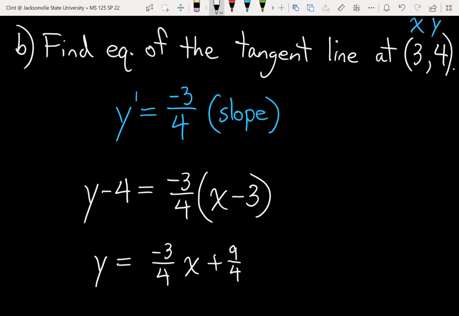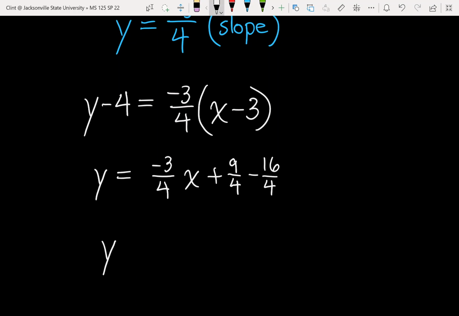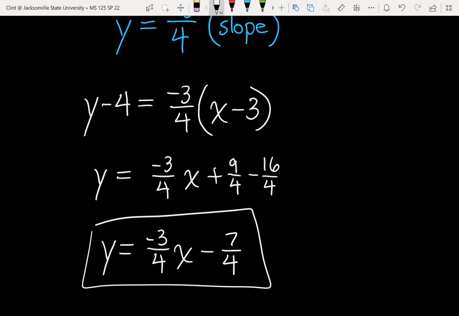Let's see, minus 4 would be minus 16 over 4. So negative 3/4 x minus 7 over 4. There's our tangent line.